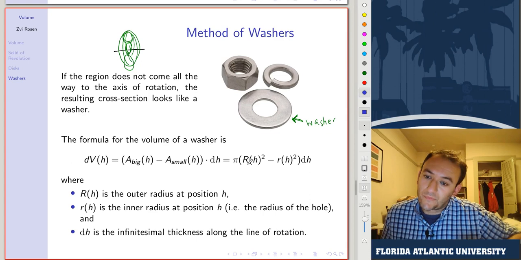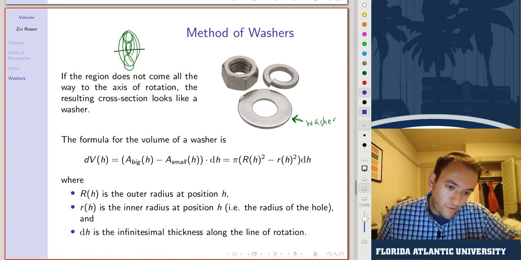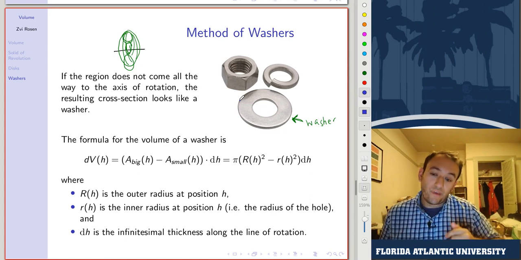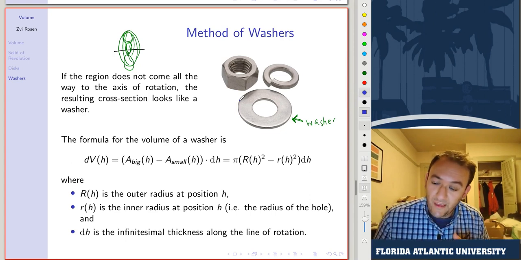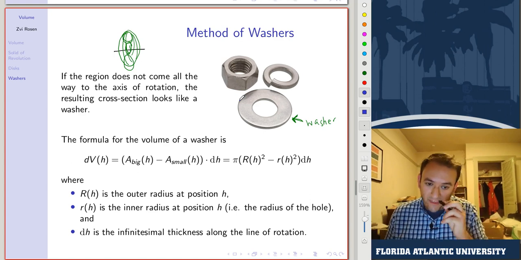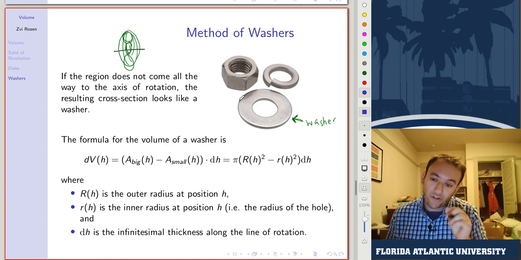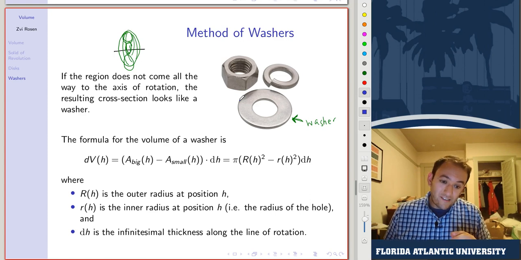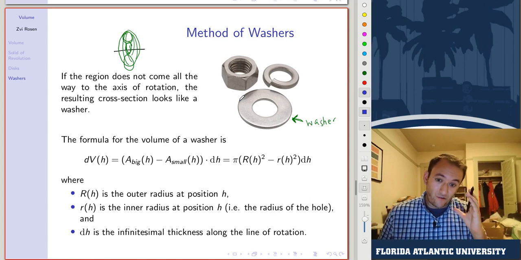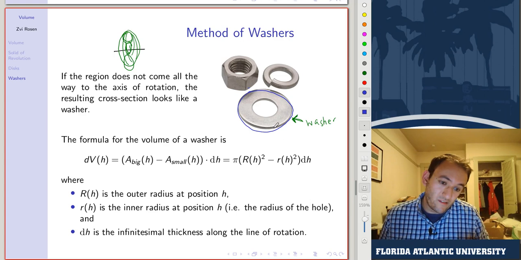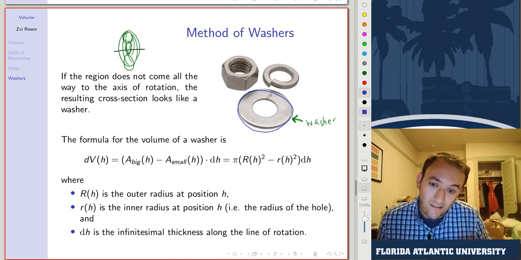And whenever we have the cross sections given by washers, we use the following formula for its volume. The infinitesimal volume dV of H. Okay, so we're looking at the infinitesimal volume of a washer at position H, which is given by the cross-sectional area of the big disk. So if you imagine this part as a disk that's completely solid, minus this part.